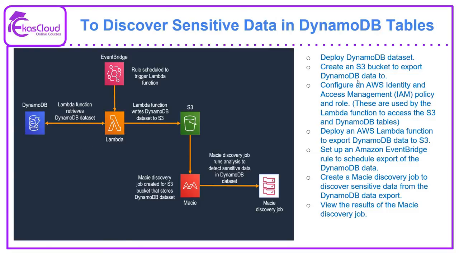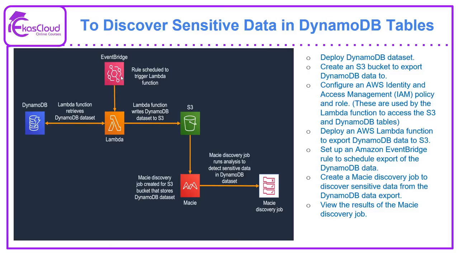The way to go about it will be, you will create an S3 bucket to export your data directly from the DynamoDB dataset, and you use a Lambda function to automatically get these details, and they will be saved into your S3 bucket.